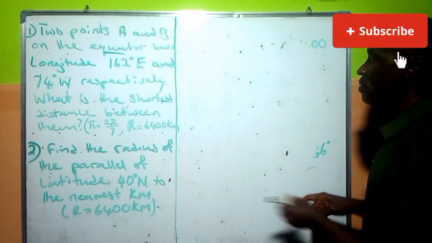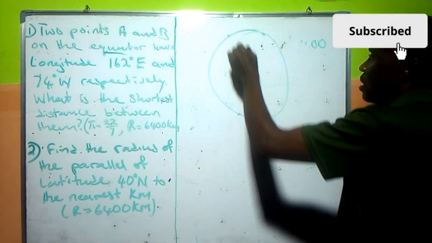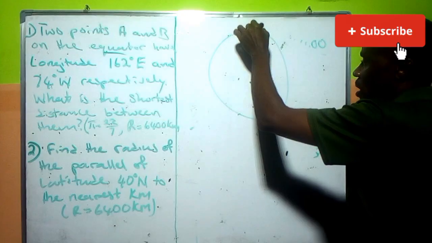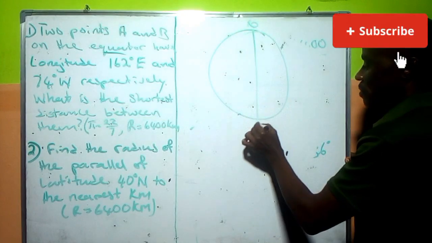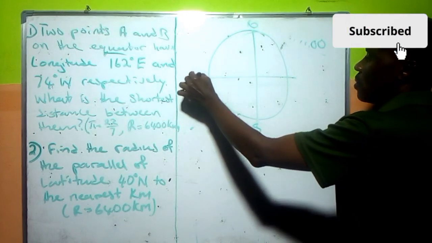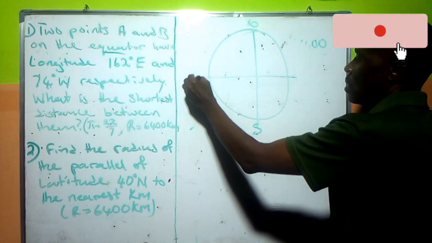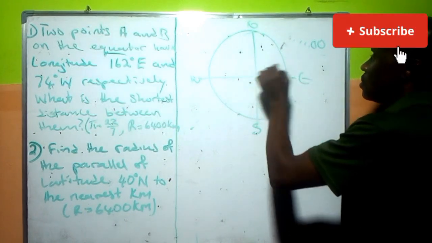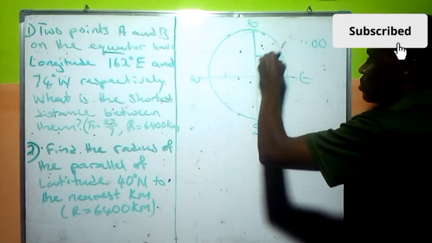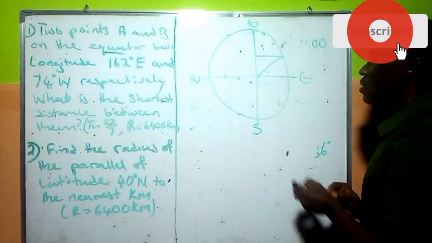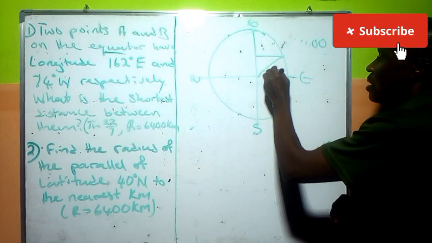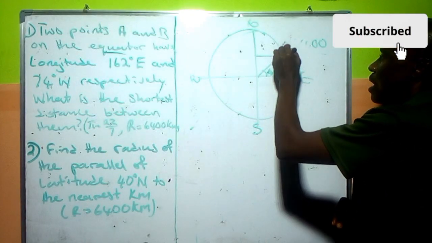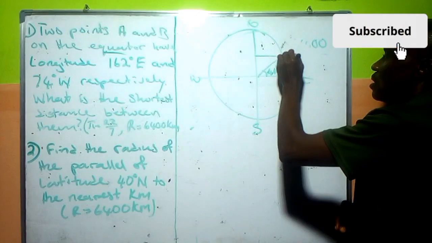Let's say this is the earth, we have north, we have south, we have west, and then east. So parallel of latitude, let's say this is the parallel of latitude that has an angle of 40 degree. Perhaps they're assuming that this place is here.